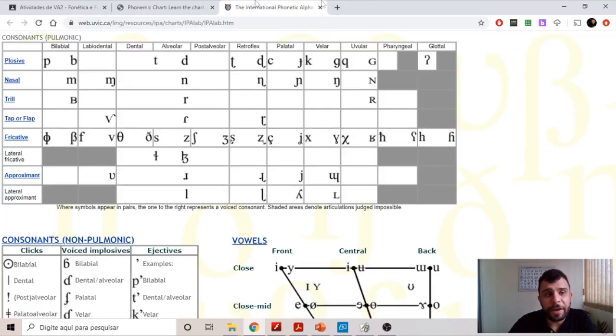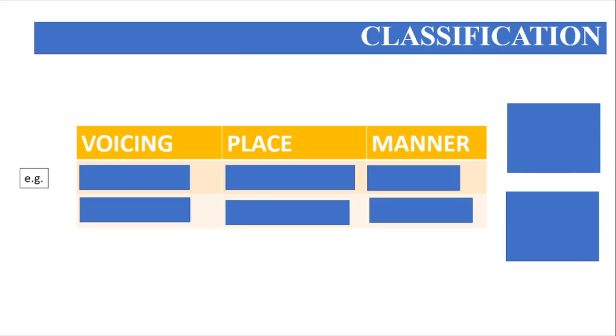If you take a look here at the consonants chart, it is organized exactly as the way we saw consonants are classified. How are consonants classified? Whenever we classify consonants, we take three factors into consideration: voicing, place of articulation, and manner of articulation. What does that mean? Whenever you produce the sound, you need to analyze whether there is vibration in your vocal folds or not.